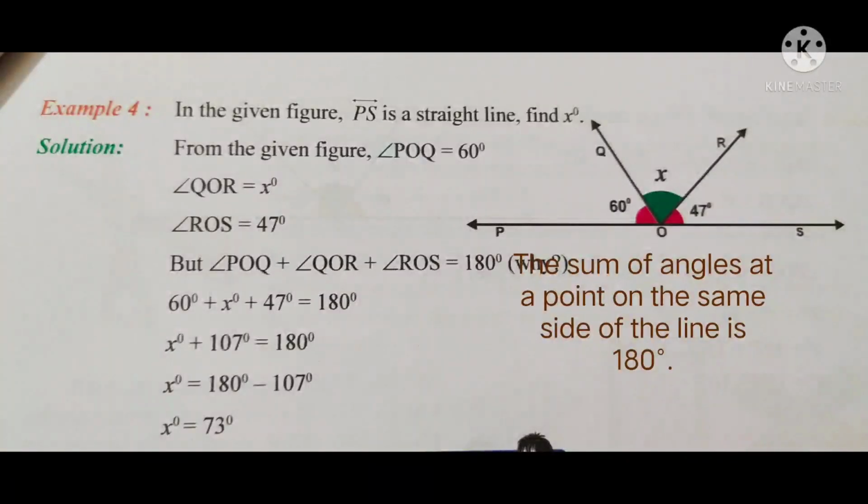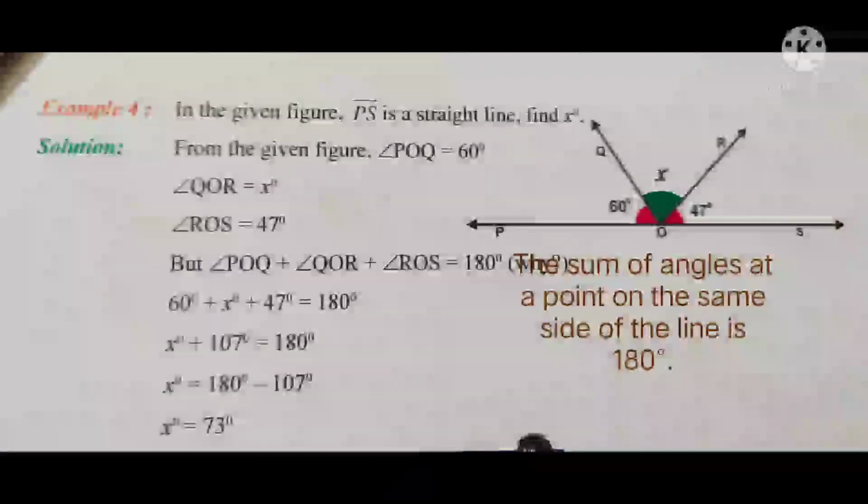So put these values in this equation. Angle POQ equals 60 degrees, angle QOR equals x degrees, angle ROS equals 47 degrees. 60 degrees plus x degrees plus 47 degrees equals 180. 60 plus 47 is 107 degrees.